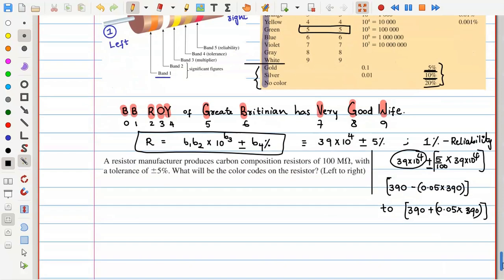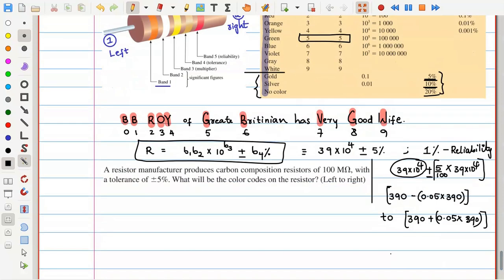Can somebody tell me what these figures are? Sir, 5% means it is 1.05 into 390, which is 409.5. So 5% less means how much is that?